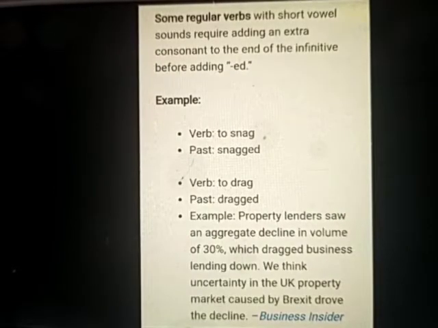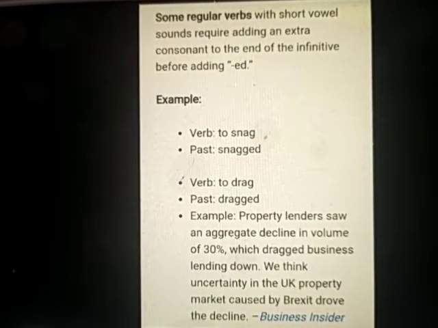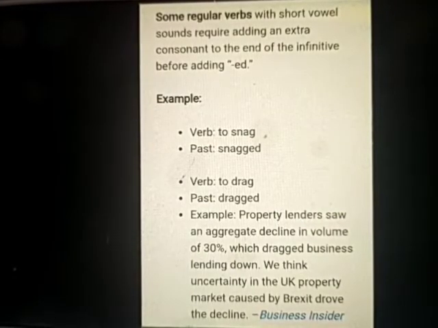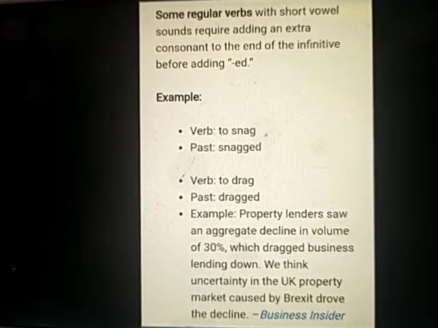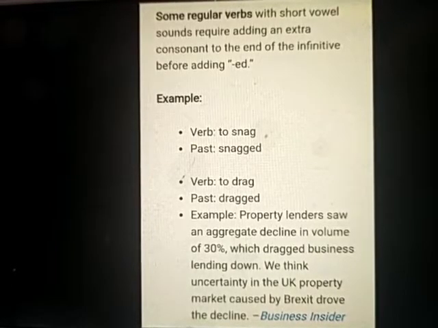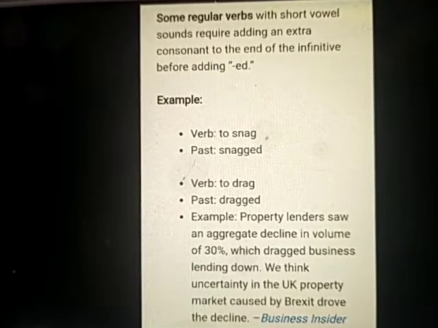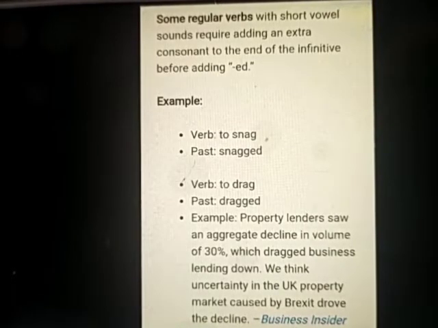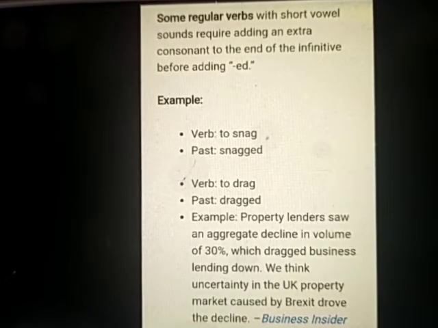In simple past tense only, I want to explain to you about some regular verbs with short vowel sounds, which require adding an extra consonant to the end of the infinitive before adding ed. For example here, a verb like to snag, in past tense it becomes snagged.